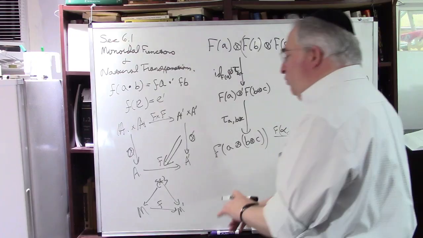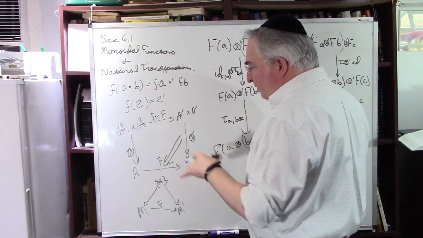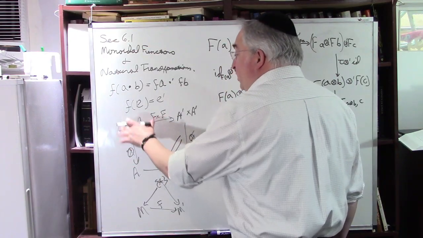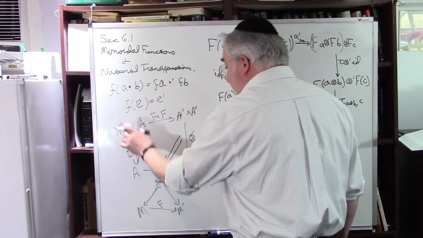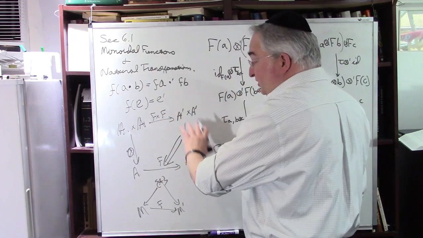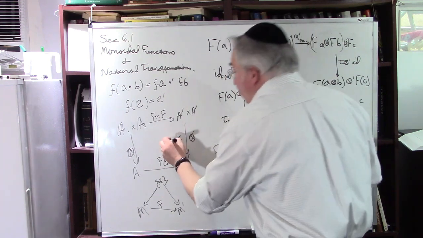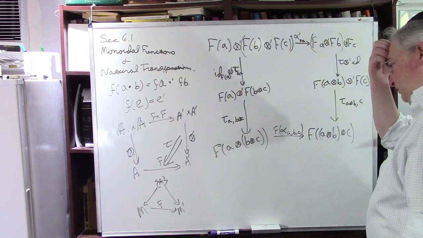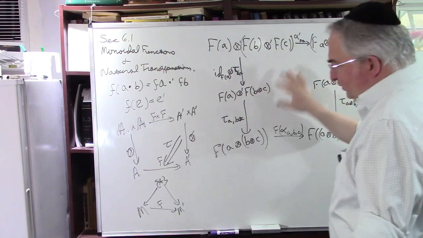So notice, we've boosted up this diagram. Before it was a diagram of sets, now it's a diagram of categories. So here's a functor, here's a bifunctor, here's a functor, etc. This is a natural transformation, tau, and it has to satisfy a certain requirement.